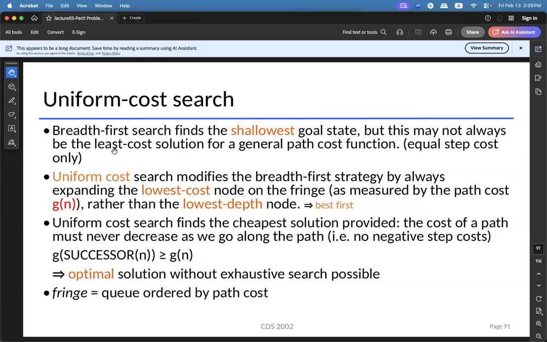So now, can we create an algorithm that prioritizes paths that have a lower cost? And in fact, yes, we can totally create an algorithm that prioritizes paths with a lower path cost, so we can find an optimal solution with this algorithm.